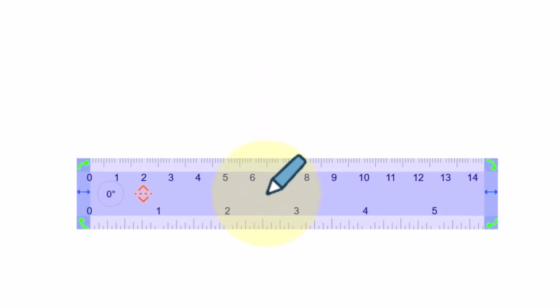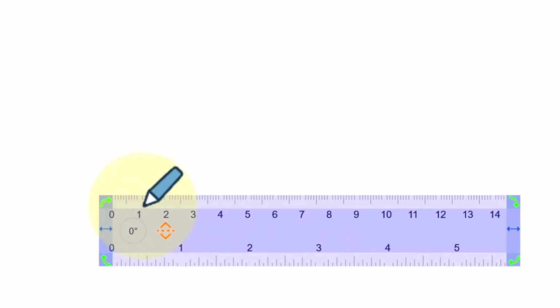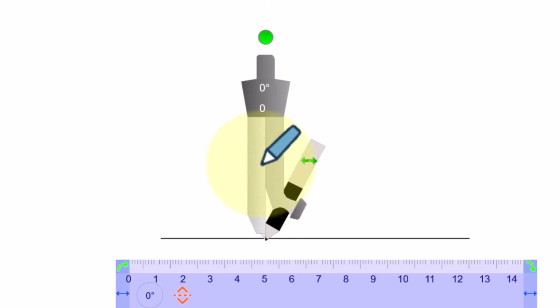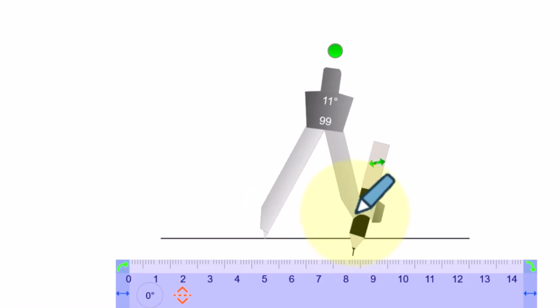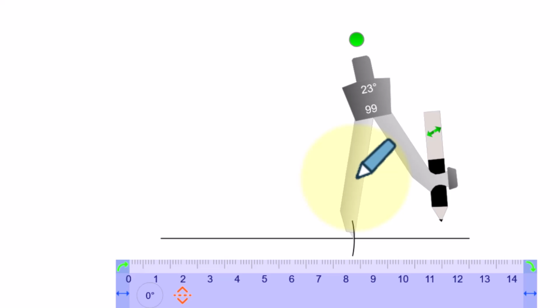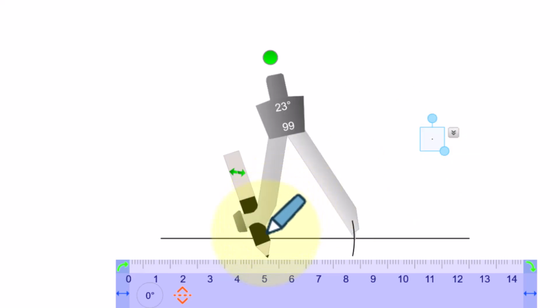Get your ruler, draw your straight line, get your compass, but I'm not going to measure anything because of time. Place your pin somewhere on the line. Make sure you measure your 5 and then take your pin to this side. This is how I explained it. Then do this one.